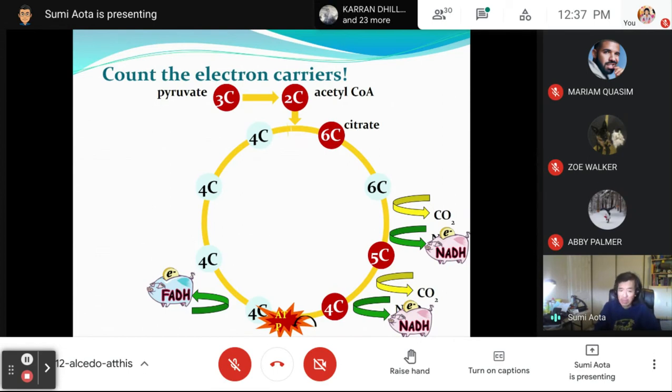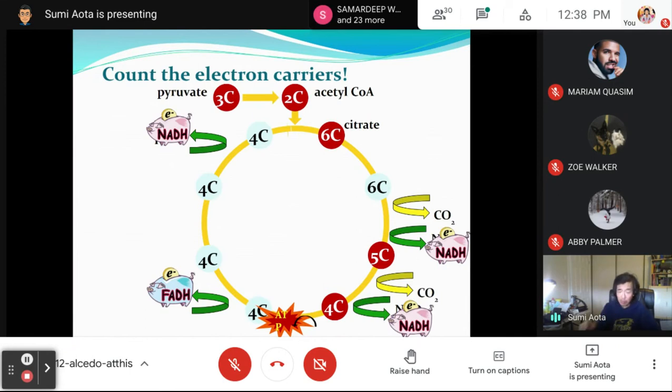There's not enough energy in this 4-carbon intermediate to cause the reduction of NAD+ to NADH. However, there is enough energy in this 4-carbon molecule to allow for the reduction of FAD to FADH2. So we change electron carriers at this one step. We then have another molecular rearrangement, and then one final oxidation step occurs here, and again we generate another NADH.